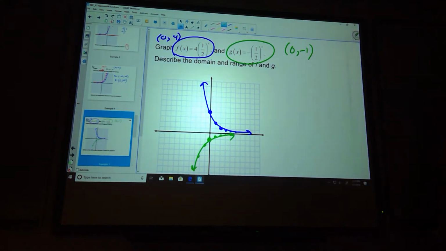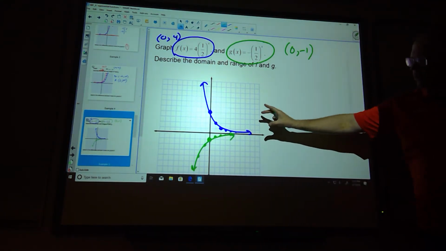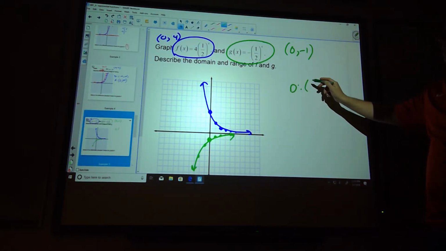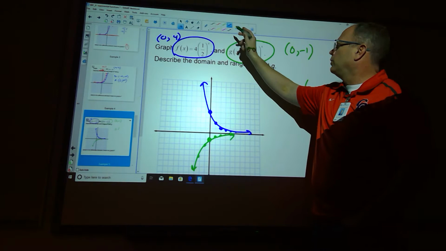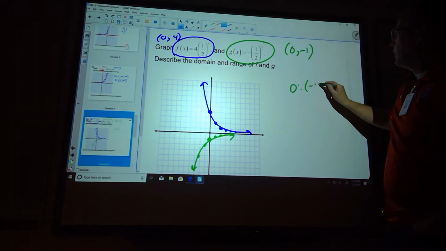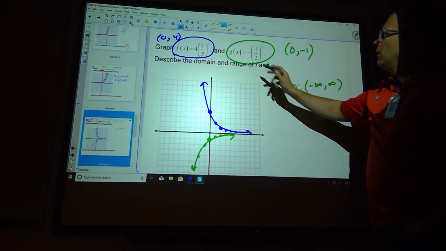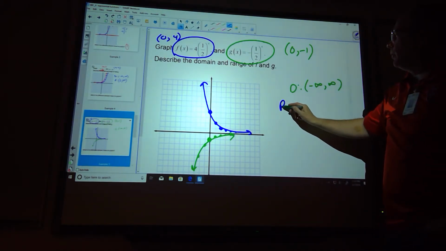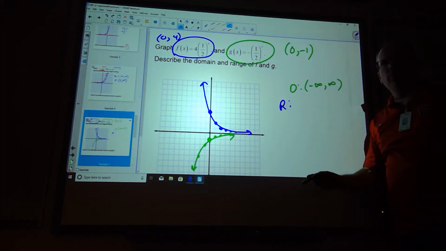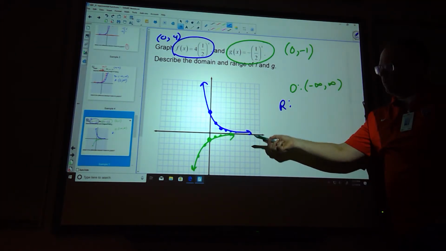They're both decay because they're both coming to the x-axis. So my domain on both of these, let's do the domain on the blue first. Actually, they both have the same domain, negative to positive infinity. But let's do the range of the blue. Where am I starting from? So I'm riding an elevator up.